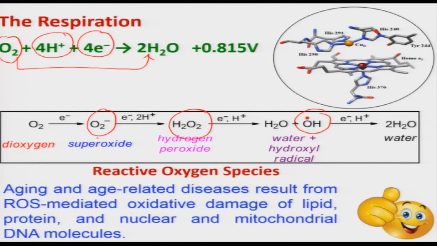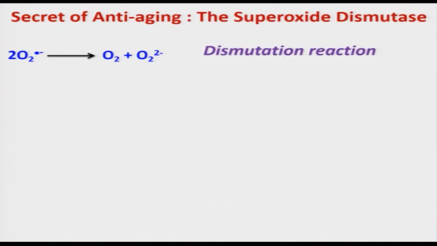One such problem is aging and age-related disease, which occurs out of this ROS-mediated oxidative damage of lipids, protein and nuclear and mitochondrial DNA molecules. The secret of such anti-aging is the superoxide dismutase.